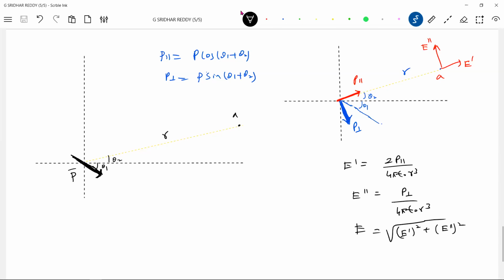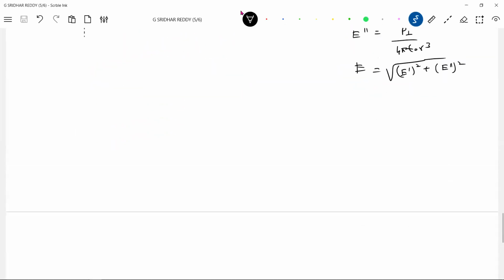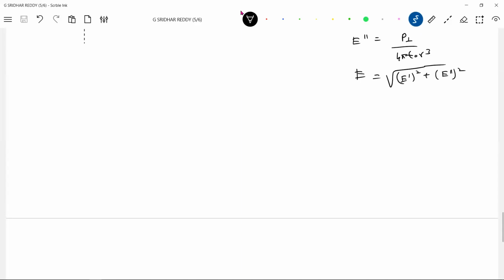So why am I discussing this problem? I just saw one numerical of this kind.